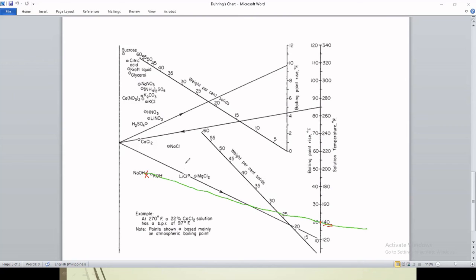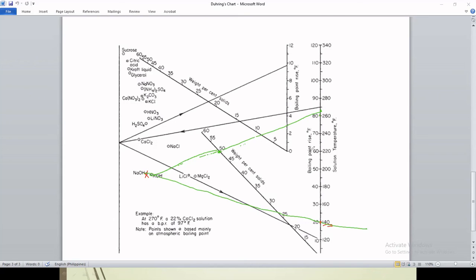Then let's say this NaOH solution of yours has 50% solids. You see this weight percent solids here. So from this dot that you have made, you strike through in here, a straight line until you reach this side. You see this side here? It's right on more or less 82 or probably 80.